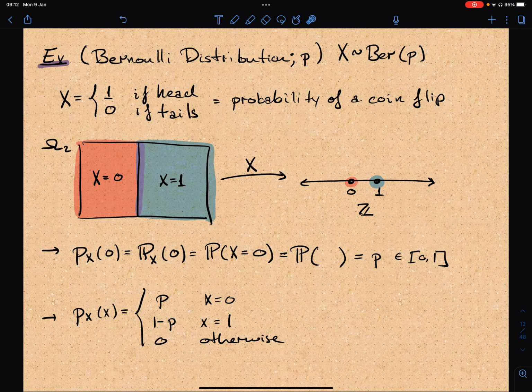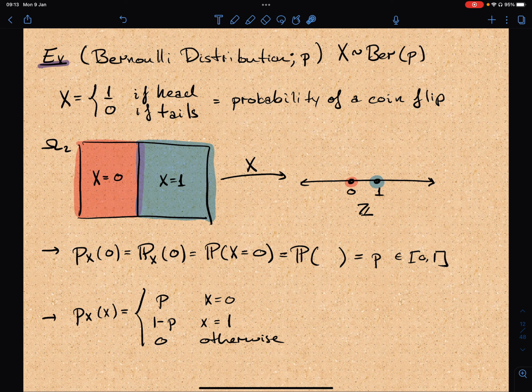The first example is the Bernoulli distribution. For certain distributions, especially the well-known ones, you're going to write X tilde Bernoulli(p). This notation is telling you that the probability distribution of X is given by the Bernoulli distribution, which has a parameter p.